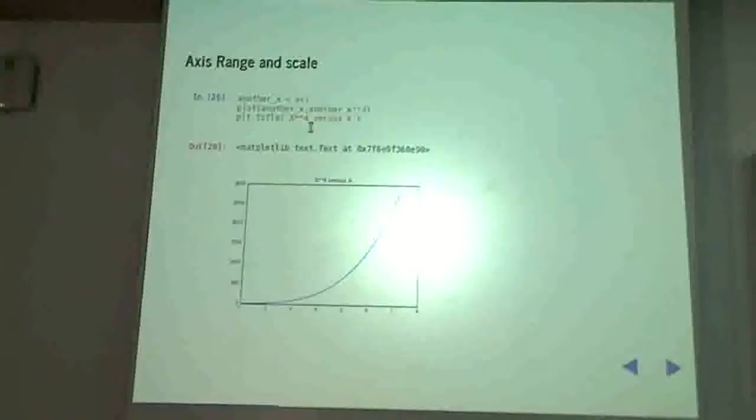And we give it a title, x raised to 4 versus x, and this is the plot that it makes. Now notice here that we have everything at its default value.